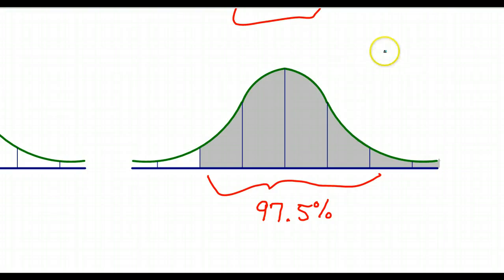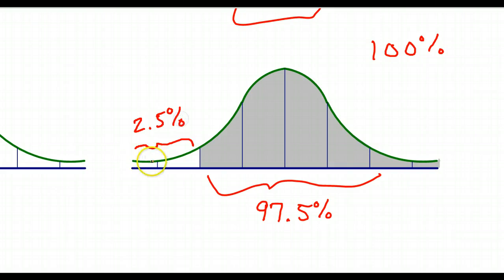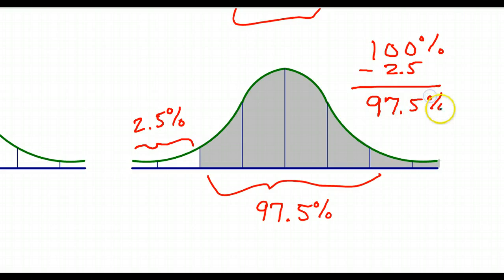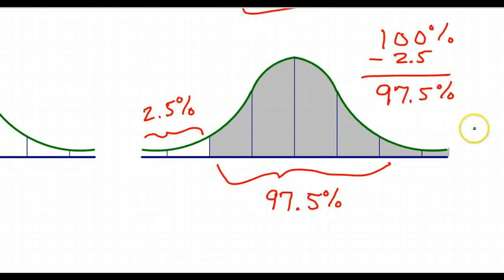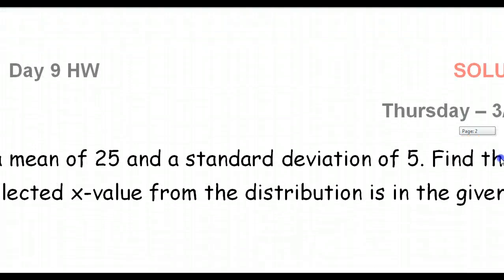So you could take 100% of the curve and then subtract the unshaded part right here. This is 2.5%. That's unshaded. So if I just start with 100 and subtract the 2.5, that's another way of coming up with the 97.5%. All right, what's next? Let's move on.